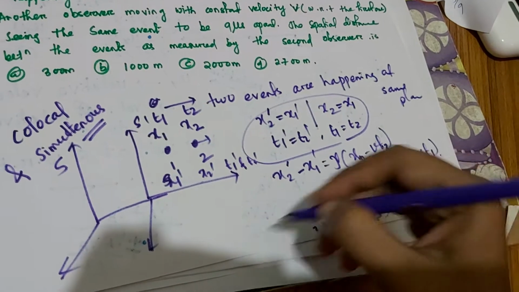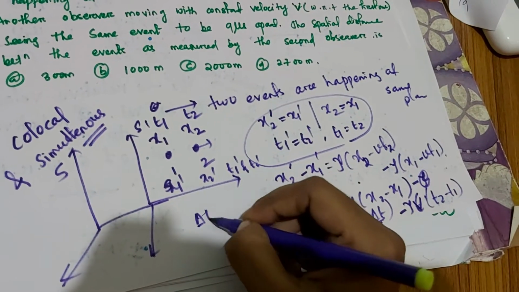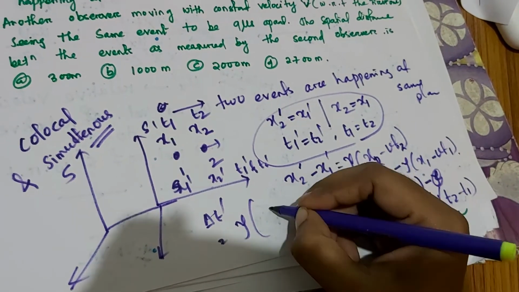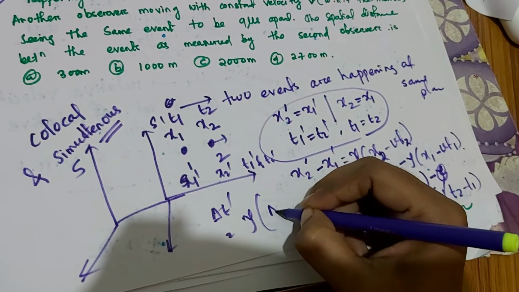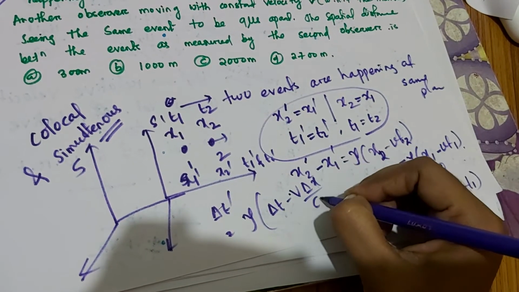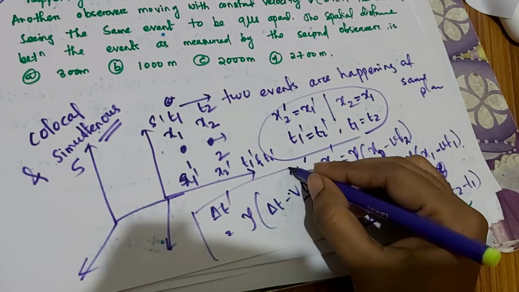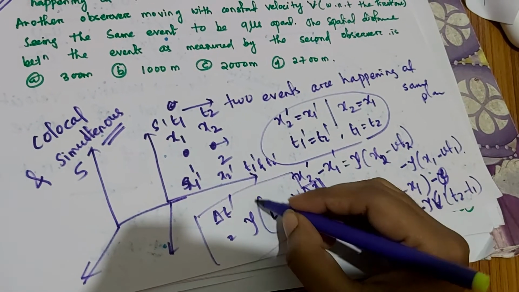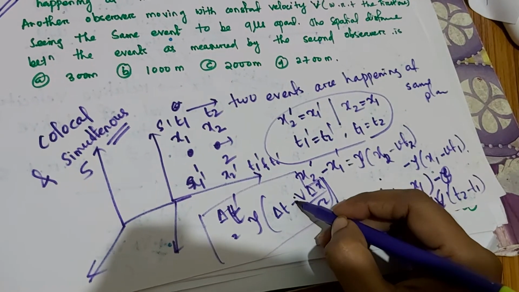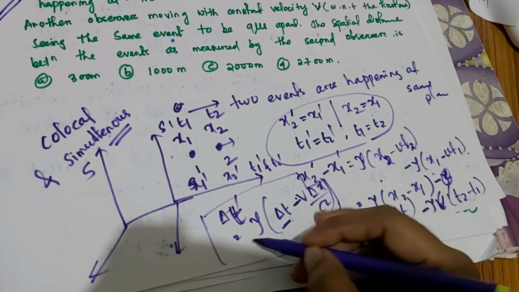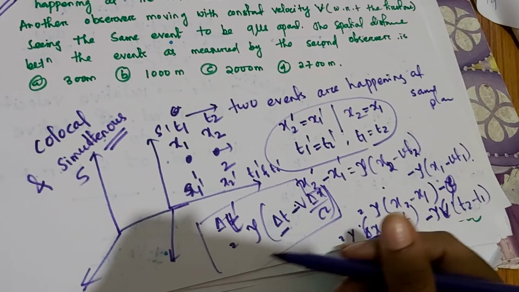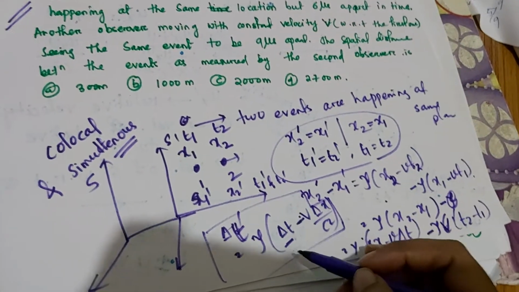Similarly, delta t prime will be equal to gamma (delta t minus v delta x by c square), because this is the separation in time. So we have to see whether delta t is 0 or delta t prime is 0, and proceed according to the question.